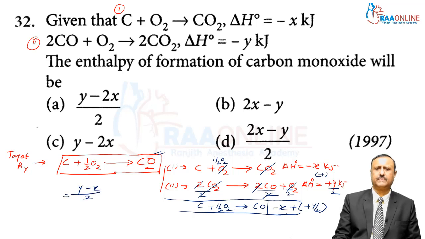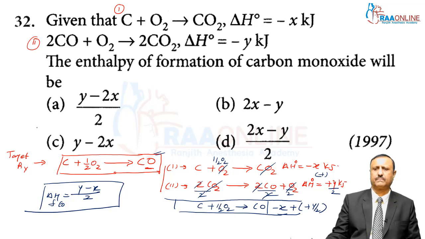Then you can achieve this reaction, delta H of formation of carbon monoxide. So, my dear students, this is your answer: Y minus X upon 2. Here you can say minus X plus Y by 2.